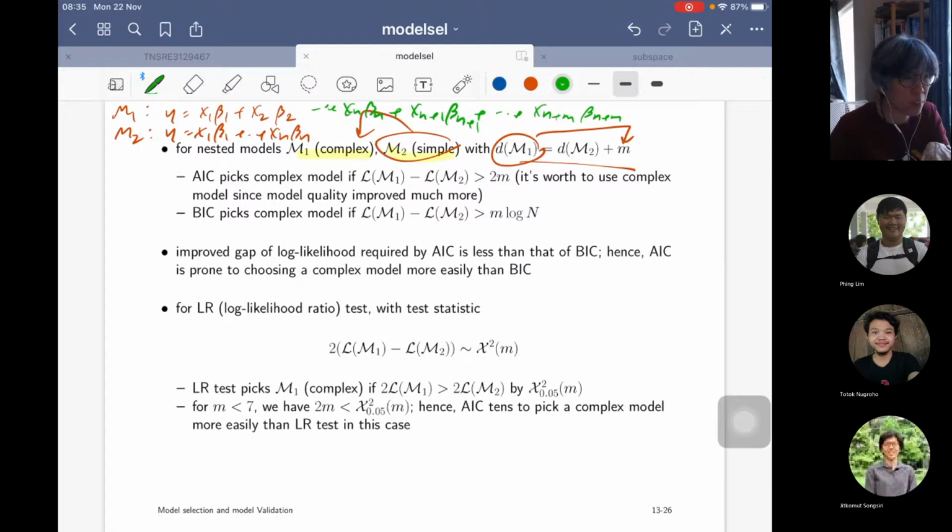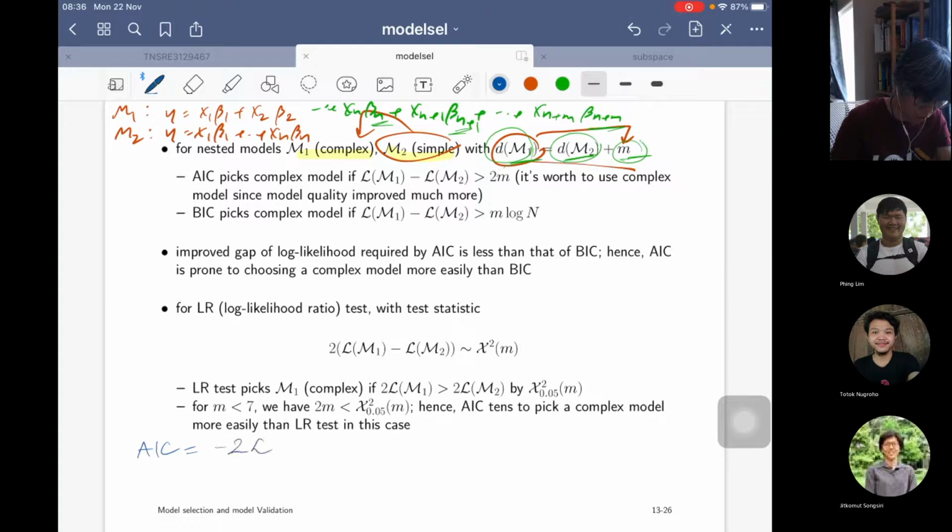We call M2 nested because you can think of model M2 as a special case of M1. It's the special case when the coefficients, the green betas, are all 0. In this case, we can model it such that D1 is D2 plus m. Now let's take a look at the AIC score.